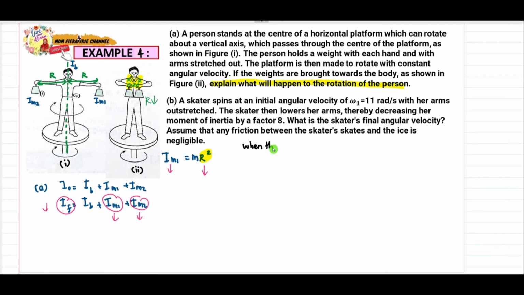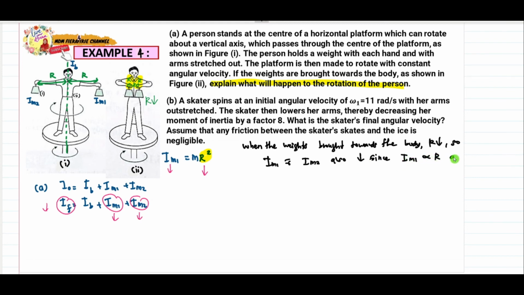So we can write that when the weights are brought towards the body, R is decreasing, so the moment of inertia of M1 and M2 is also decreasing, since we can see here that I of M1 is directly proportional to R, and I of M2 is also directly proportional to R. So now we can write that the moment of inertia final is less than the moment of inertia initial.